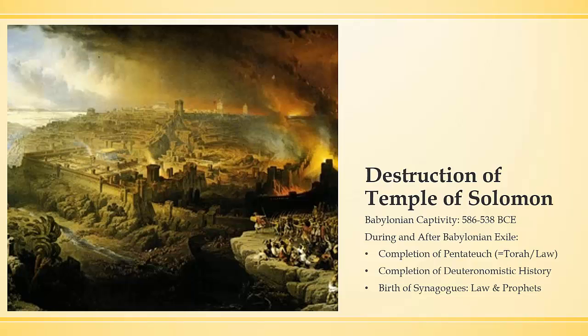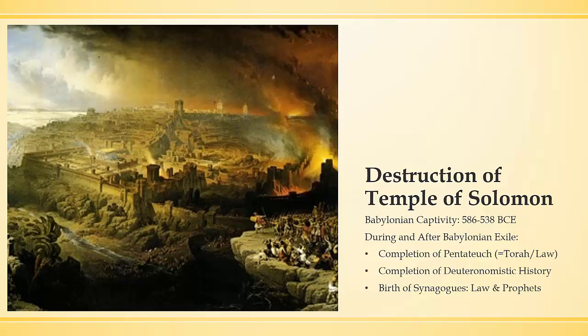But this period from 586 to 538 is referred to as the Babylonian exile. And it's during this time that the Bible as we know it begins to come into existence.